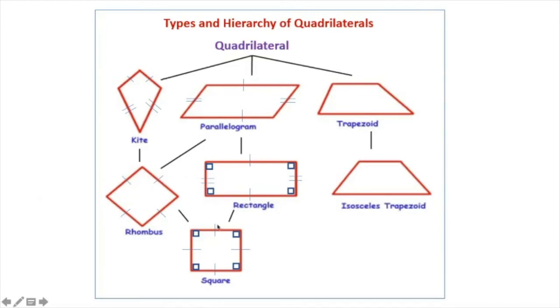And if you go even further down in the parallelogram family, you have a square, which has opposite sides parallel, all four sides congruent, and all the angles are 90 degrees. Now, if we look at the trapezoid, you could have an isosceles trapezoid where you would have two of the sides being the same.